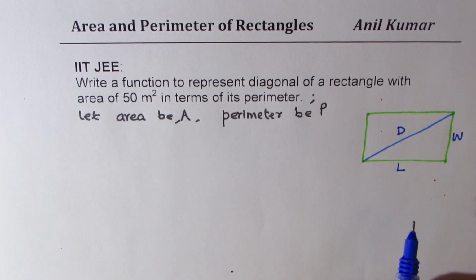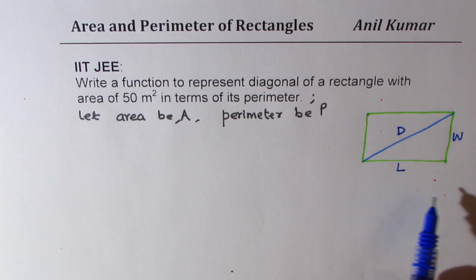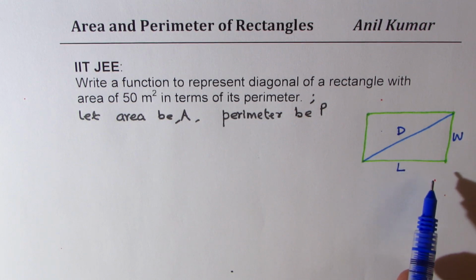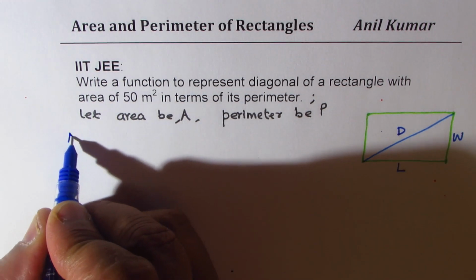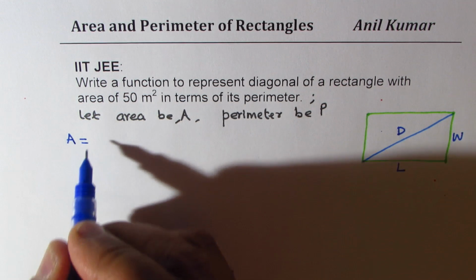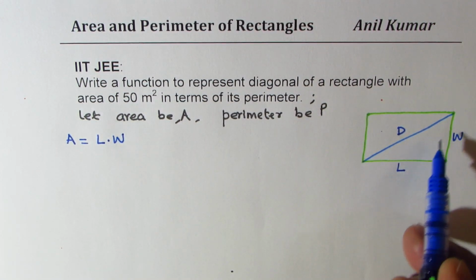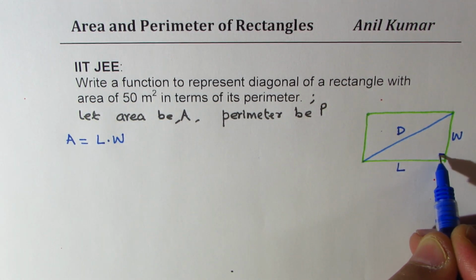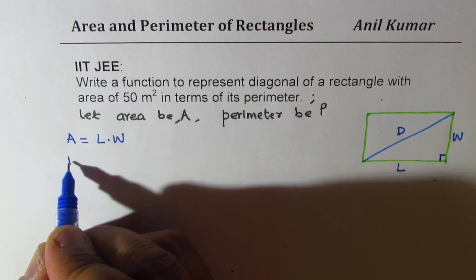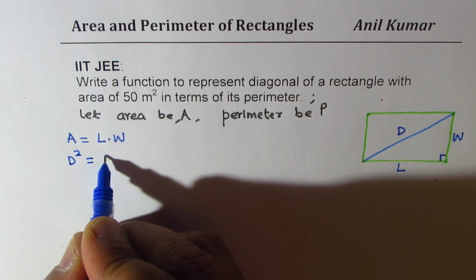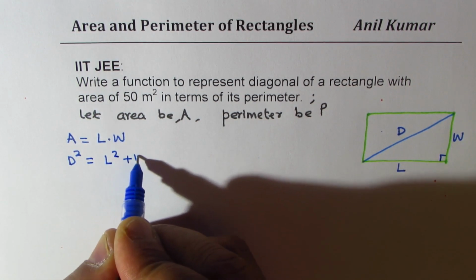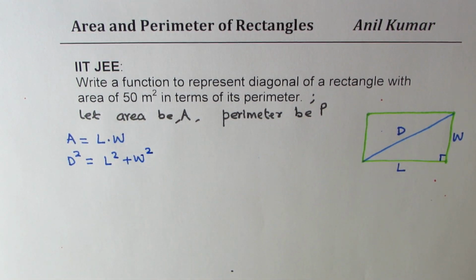In this particular situation, what we know is that area A is the product of length and width, and we have another relation using the Pythagorean theorem. This is a right angle, and therefore we know that D square is L square plus W square, correct? This is what we know.